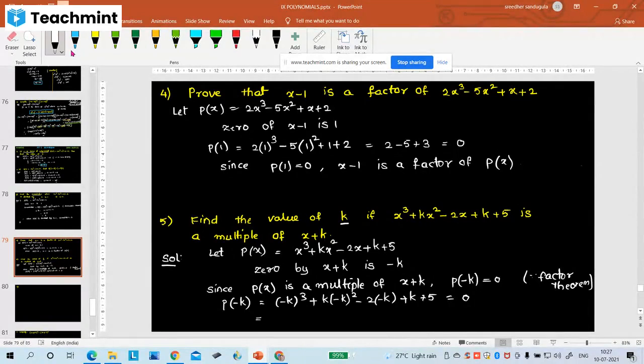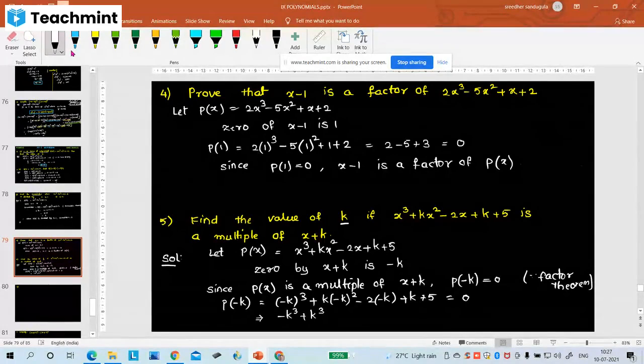So P of minus k equals 0. Now you simplify this. Minus k whole cube is minus k cube. Minus k whole square you will get k square, and k square into k is plus k cube. Here you have to be very careful, children. Don't multiply plus into minus first, because this is the exponent.